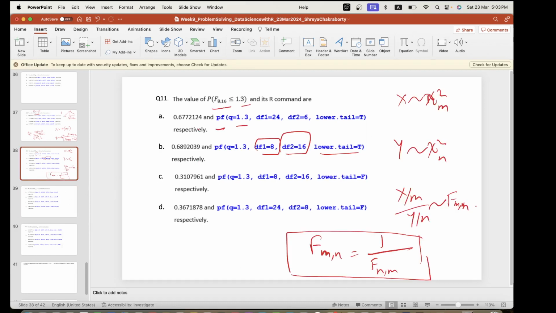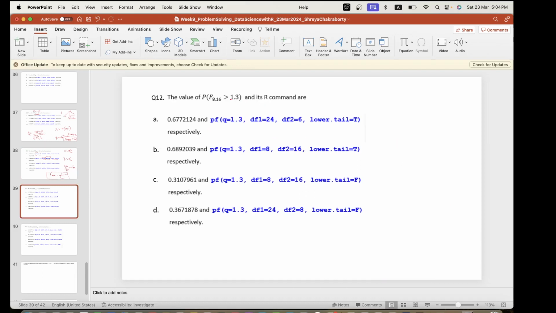And since these are continuous distributions, t, F, chi-square, normal, it doesn't matter whether you have less than or equal to here or greater than or equal to here. It doesn't really matter, but it matters if it is a discrete case. In the discrete case, probability x greater than 4, if it is given, then you can directly type lower.tail equal to false with q equal to 4.